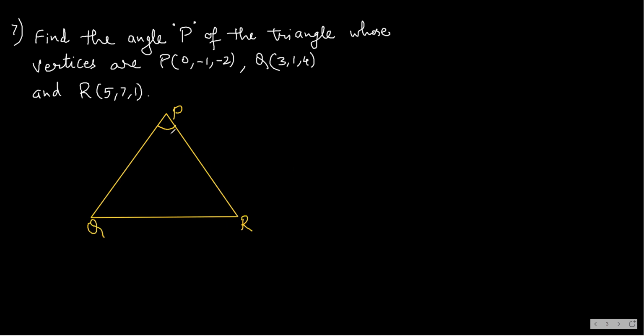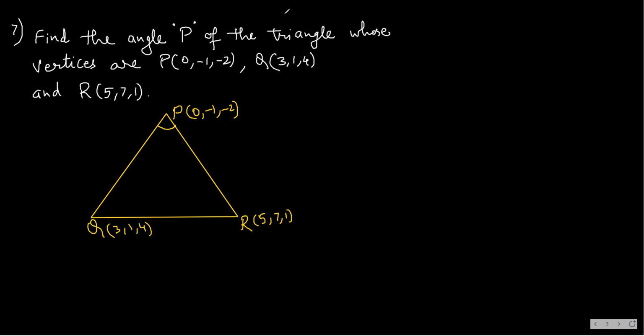So for this, I am given the coordinates of the vertices. The coordinates of P are 0, -1, -2. Q are 3, 1, 4. And coordinates of R are 5, 7, 1. What I will do is find the position vectors of these points.